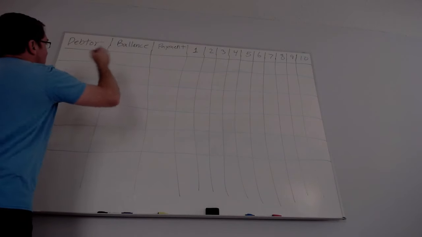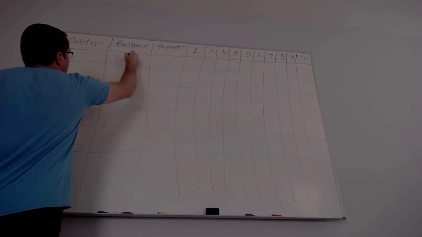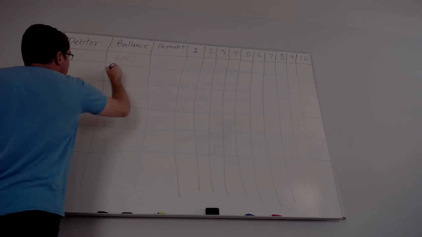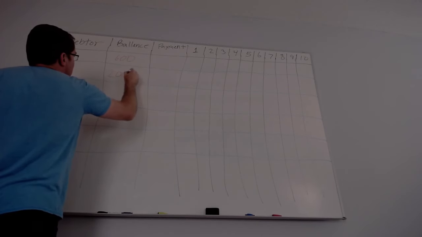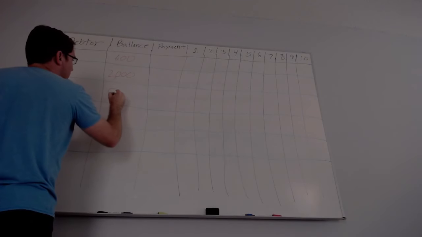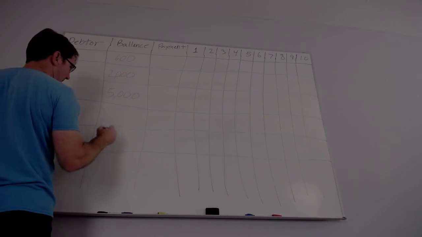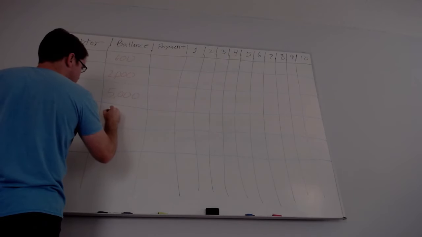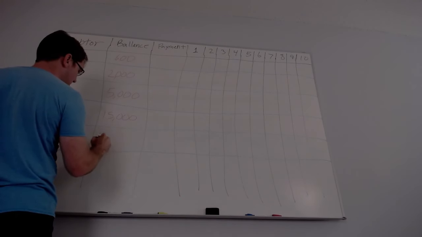They have a balance of, let's just say, 600 on one, 2,000 on another, 5,000 on another, 15,000, and then let's just say they have a house.